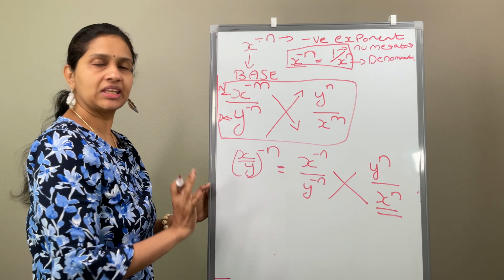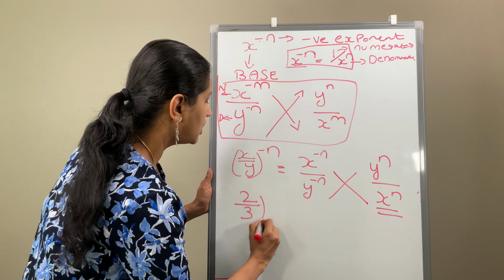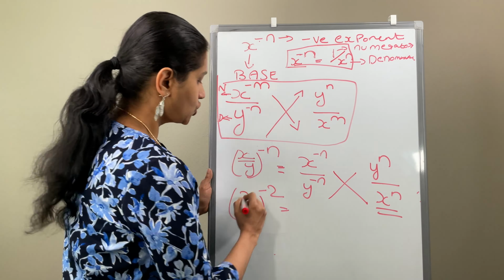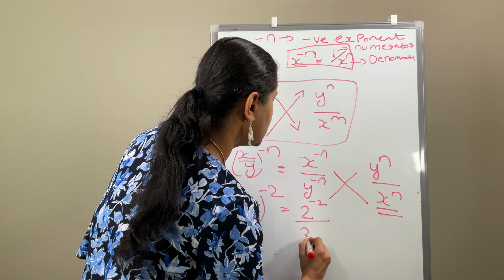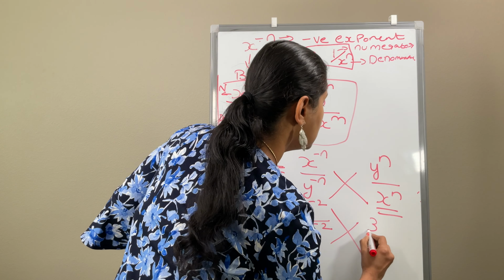Now I will tell you with an example. Consider 2 by 3 raised to the power of minus 2. Okay. So can we write this as 2 to the power of minus 2 by 3 to the power of minus 2? Yes, it is possible. And then cross the numerator and the denominator. 3 square.